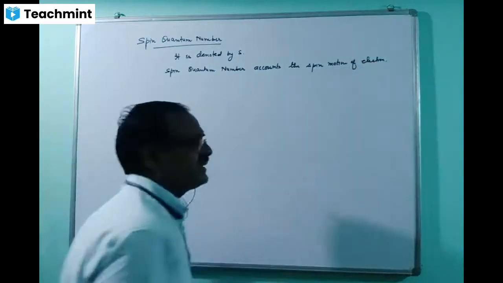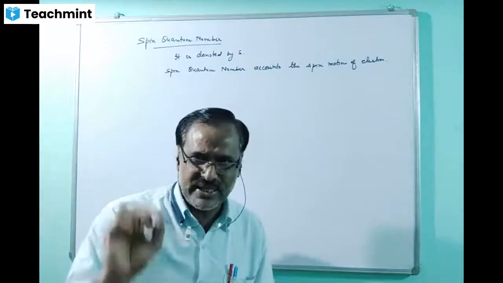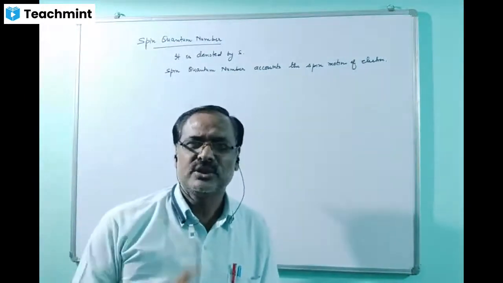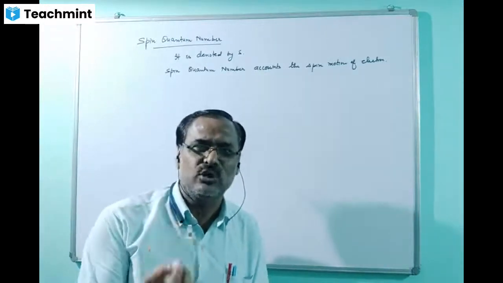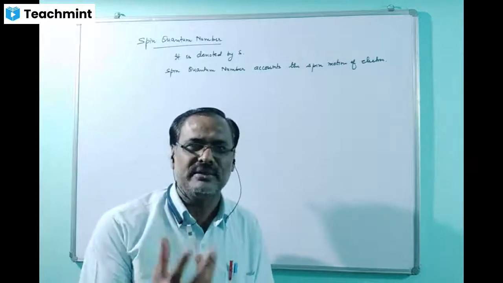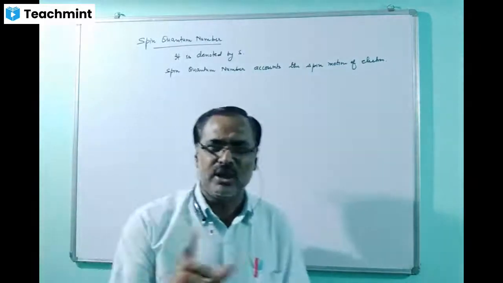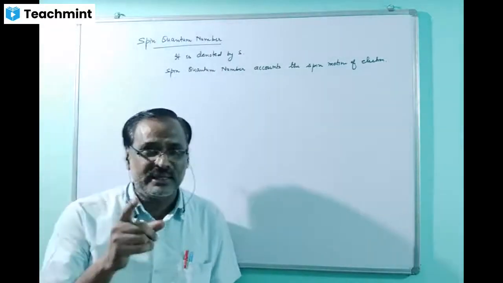You must be thinking what is spin motion. So just you see, inside the atom, electron revolves around the nucleus. Not only revolves, it rotates on its own axis, just like the top you have seen, that top is rotating. Same thing happens in electron also.